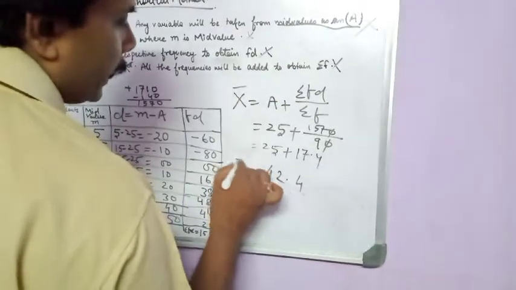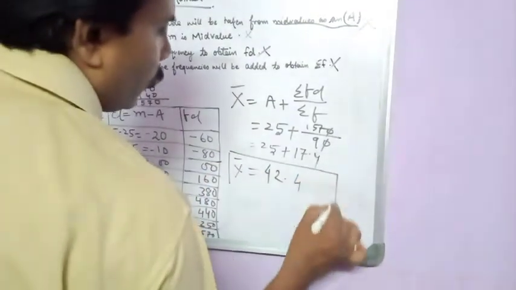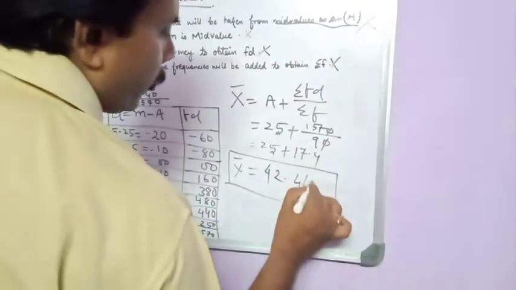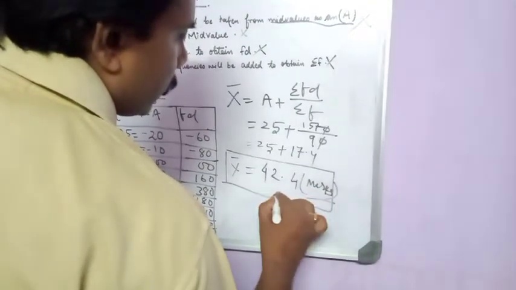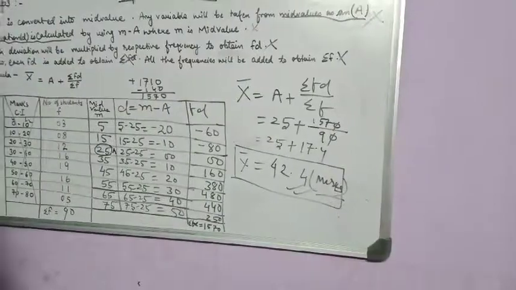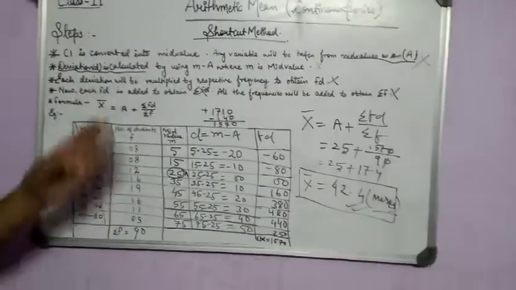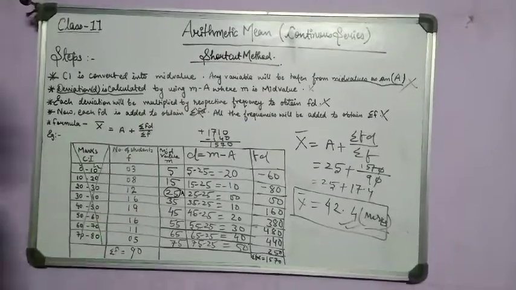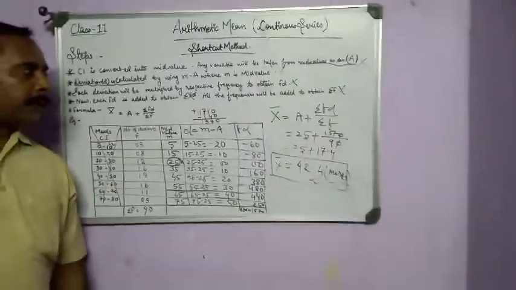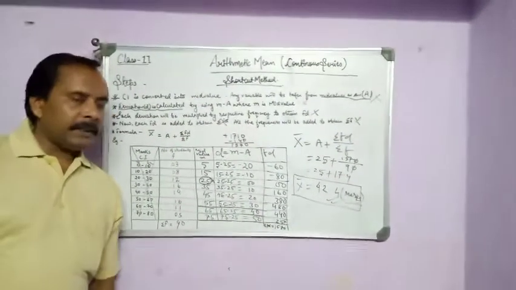That is our X bar value, the mean value, and the unit will be marks. Clear? So in this way we calculate the mean of a continuous series through the shortcut method. I think it is very easy.